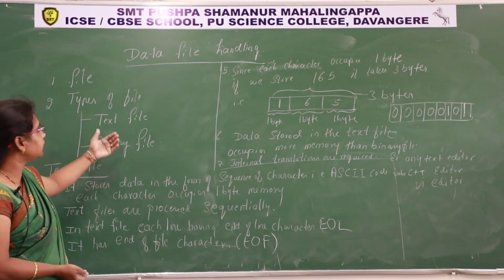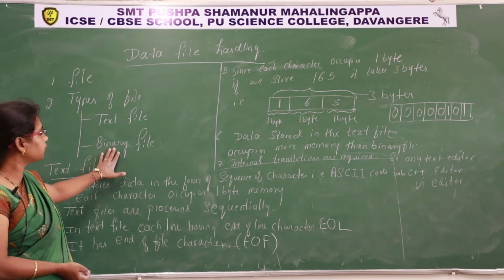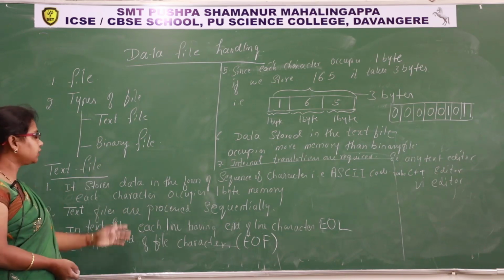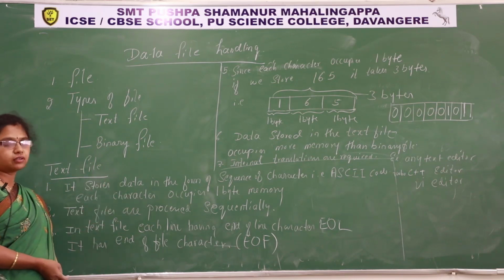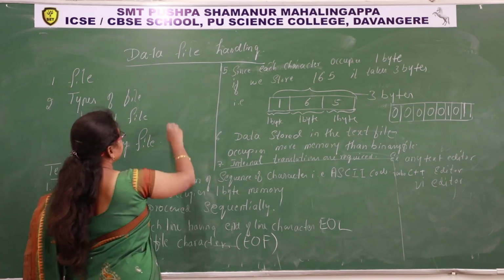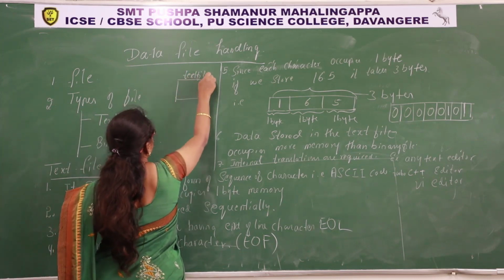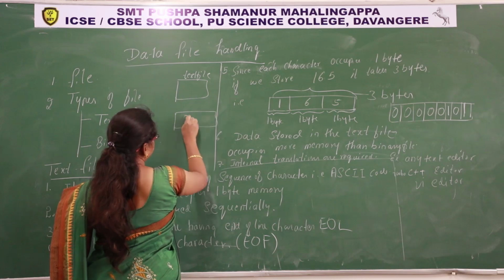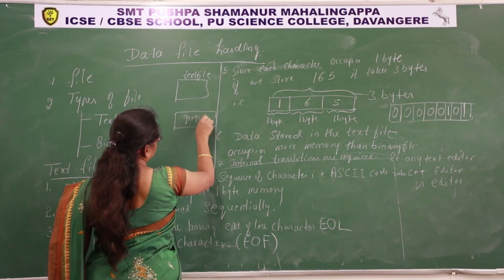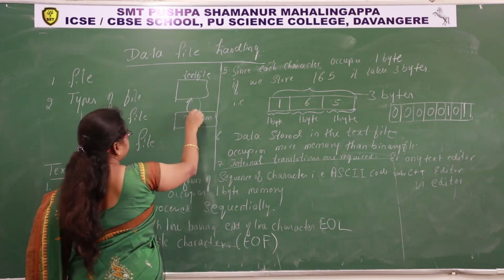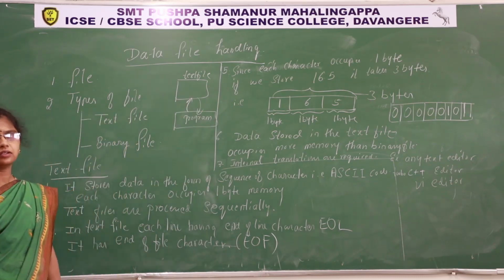So what types of files are there? Text files and binary files. What are the features of a text file? When a program deals with a text file, how does the program communicate with the text file?